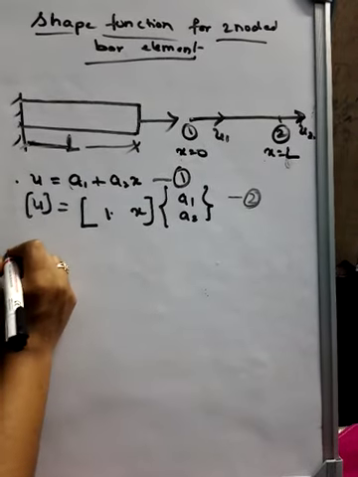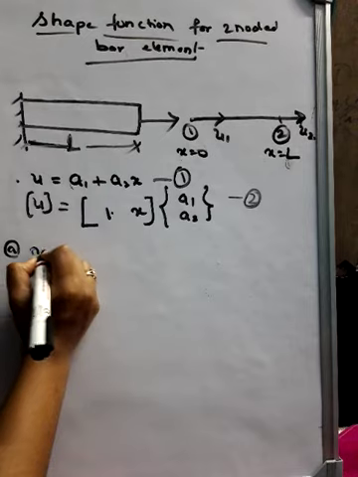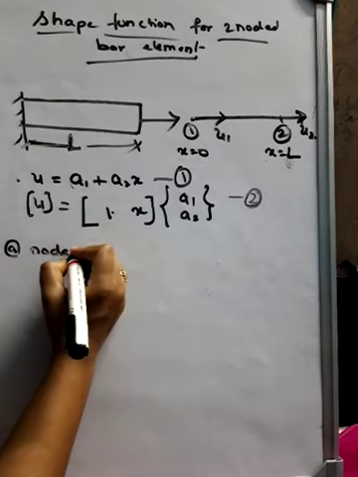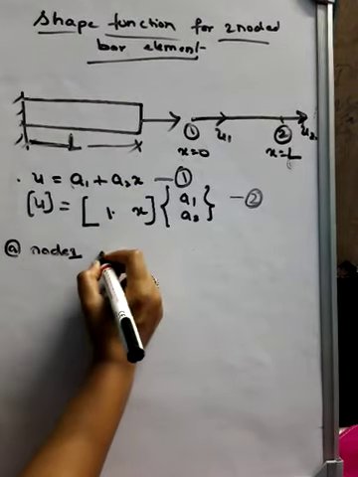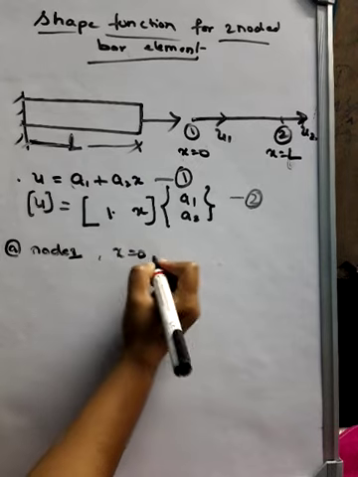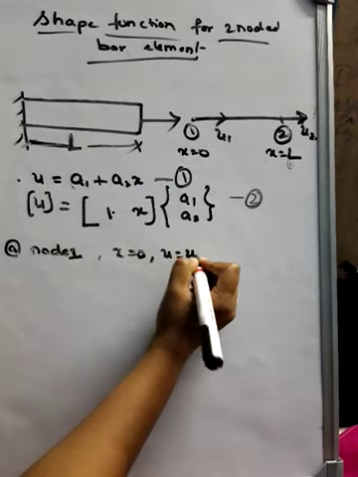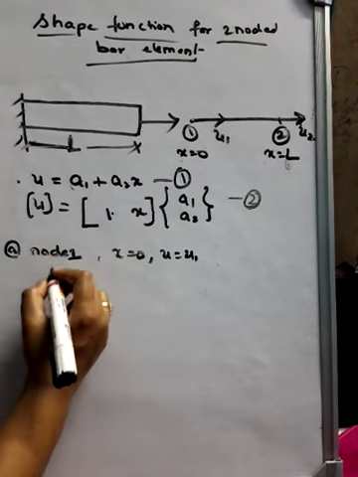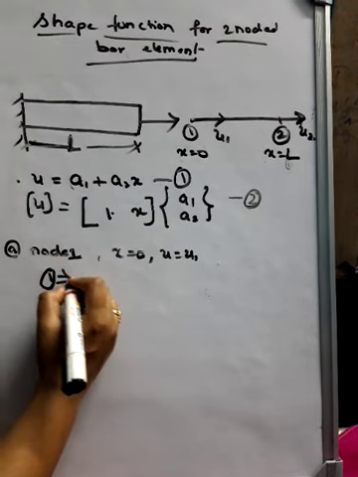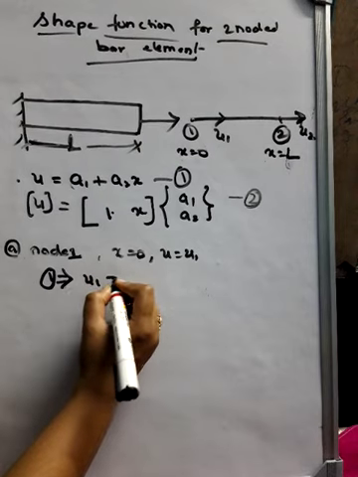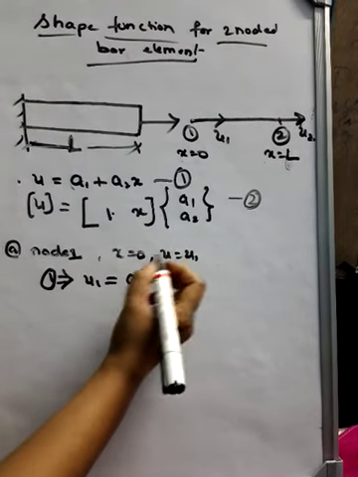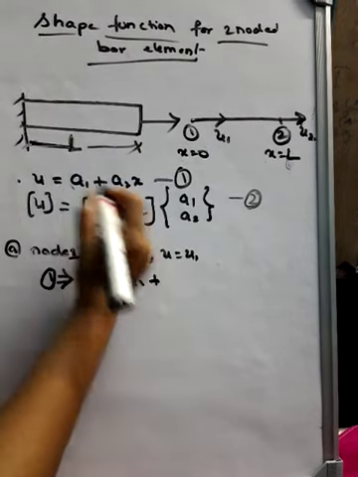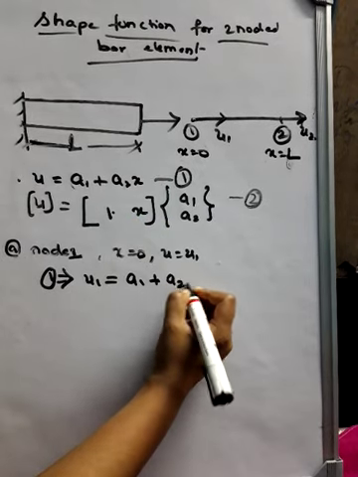Now we are going to apply the boundary conditions. At node 1, x is equal to 0 and u is equal to u1. Now I will apply this boundary condition to the first equation, that is u is equal to u1 when x is equal to 0.